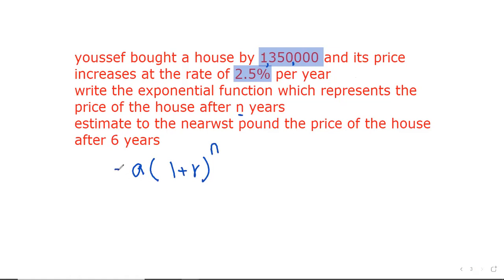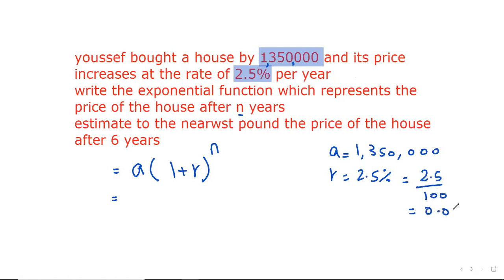A is the original value, the price of the house. So what is A? A is 1,350,000. This is A. What is the rate R? R is 2.5%, which is 2.5 over 100, which is 0.025.